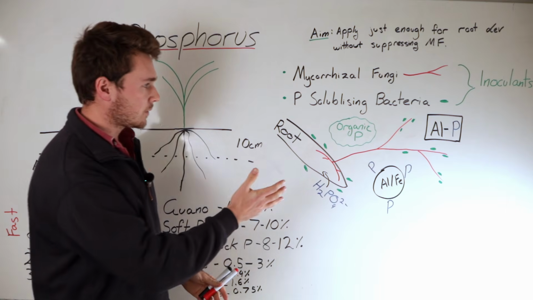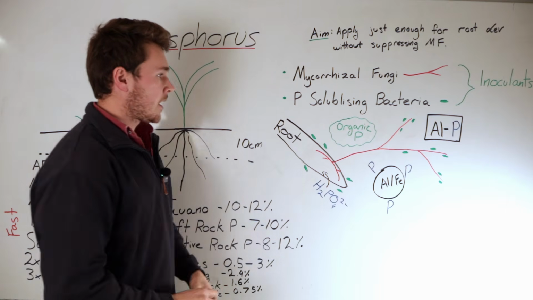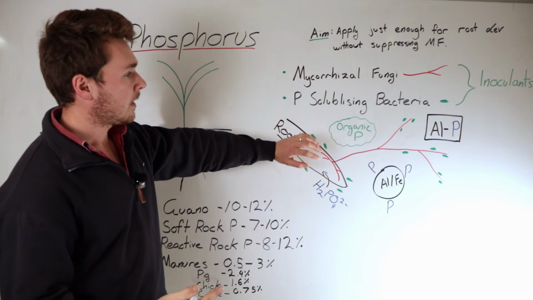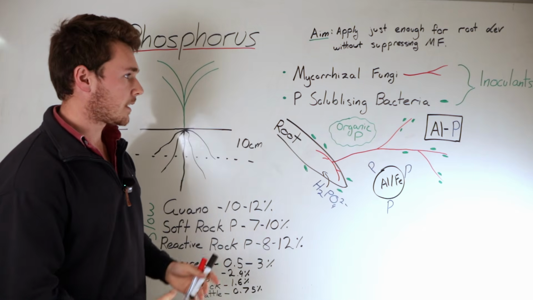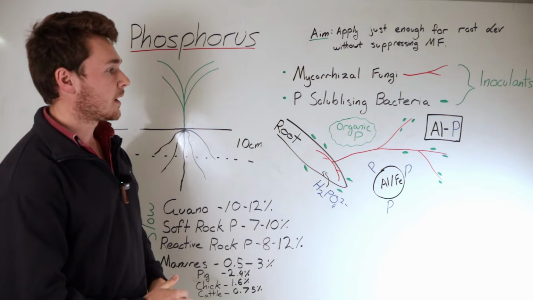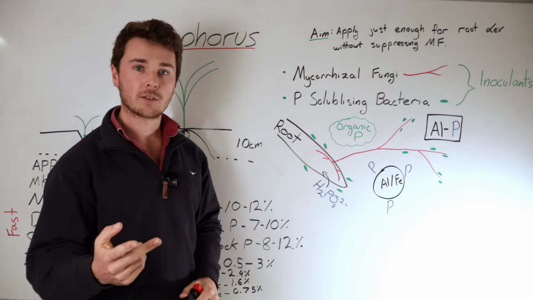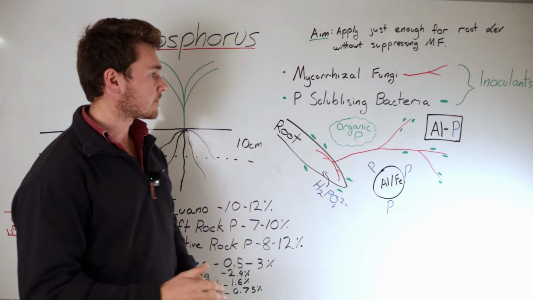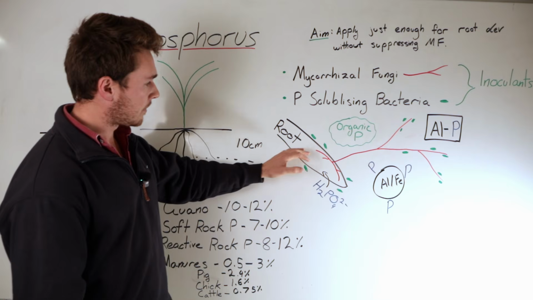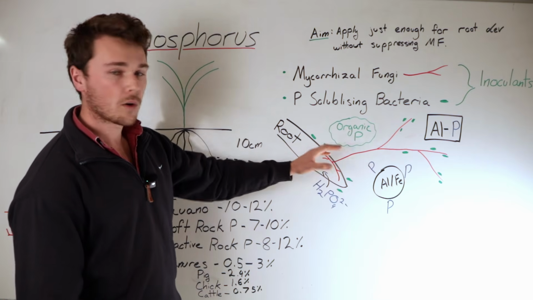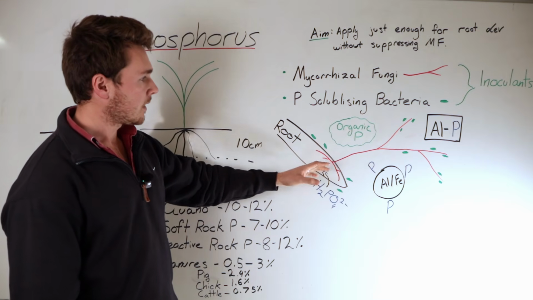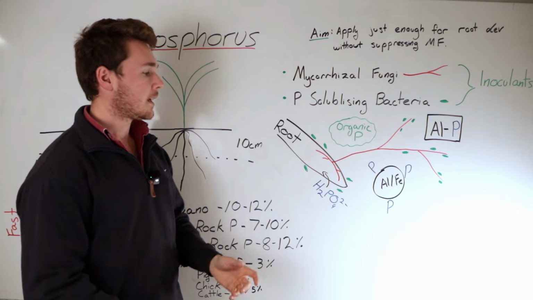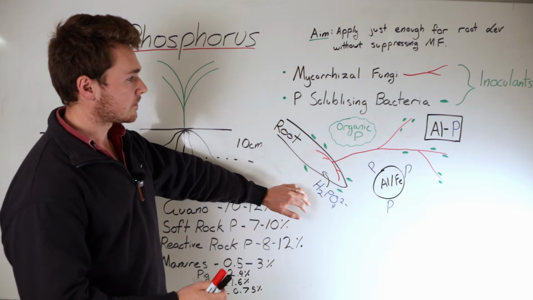So let's talk about organic phosphorus. Organic phosphorus is bound to carbon components, and there's really two ways that the plant can access these. The microbes within the soil release enzymes called phytase and phosphatase. These enzymes are released either by the plant itself, microbes or fungi, or the phosphorus solubilizing bacteria to decompose that organic phosphorus and release it to the plant as phosphorus.